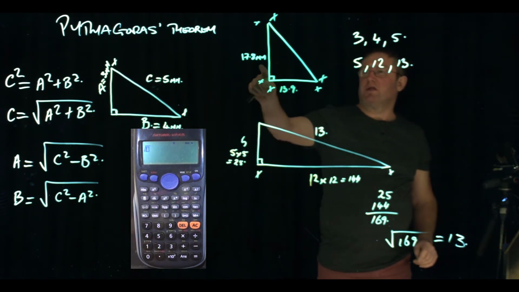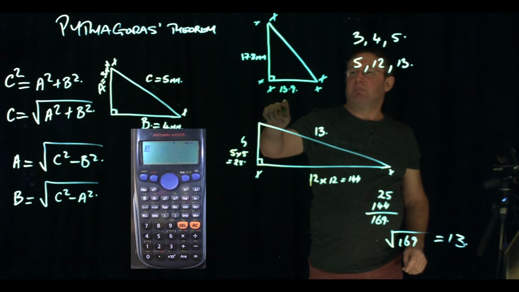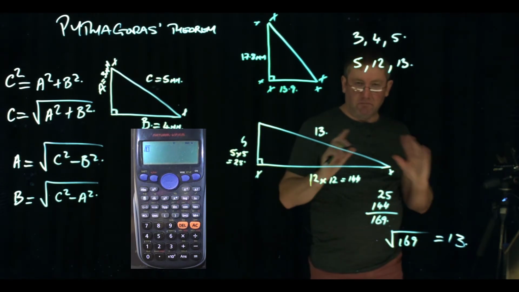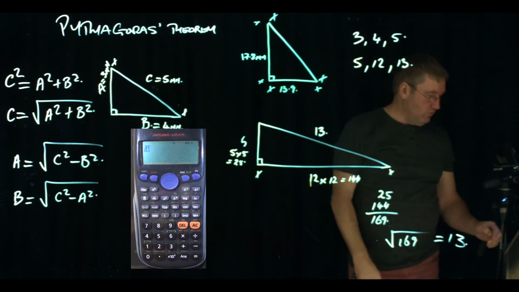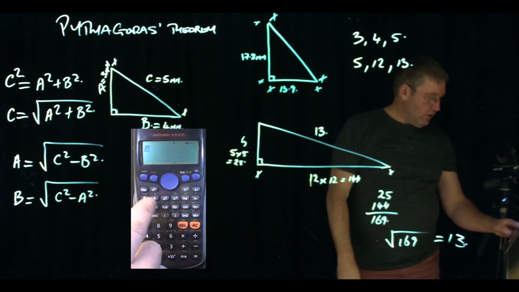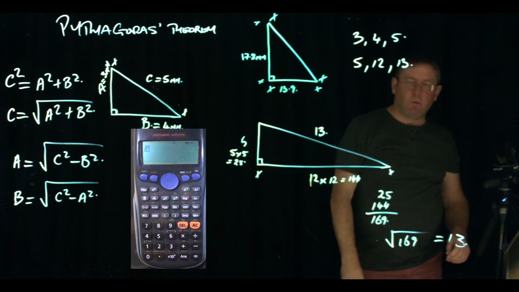It doesn't matter whether this is a and this is b, or vice versa. This could have been a and this could have been b. It makes no difference in the formula. It'll still give you the answer you're looking for. So I've typed in the square root symbol.